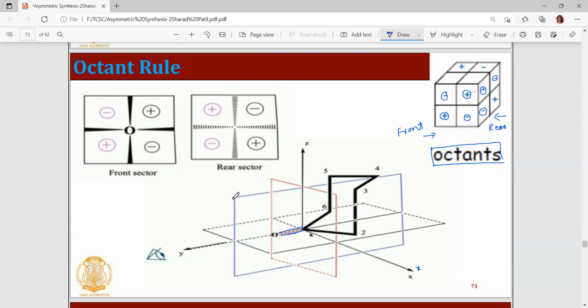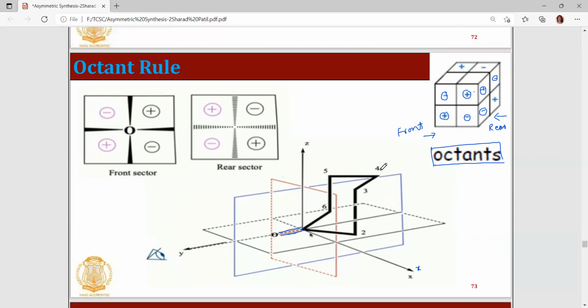One plane is with the y, another is with the x, and the last one is parallel to the z-axis. Based on that, this cyclohexanone molecule is divided. You can see 2 comes on this side, then 6, then 5, and 4. Hope you understand. I would like to share all the PPTs with all of you so you can study very well.